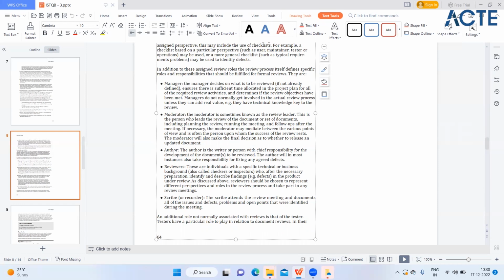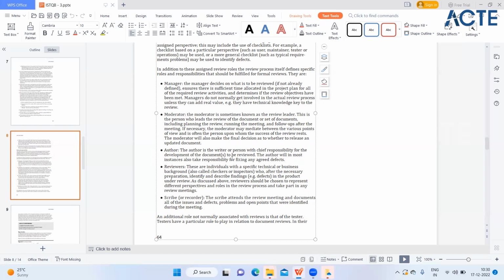Now, who is the author? The author is the writer or person with chief responsibility for the development of the documents to be reviewed. He is the main person who is writing or checking all the documents. There should be a question in your mind: what is the difference between the author and the review leader?